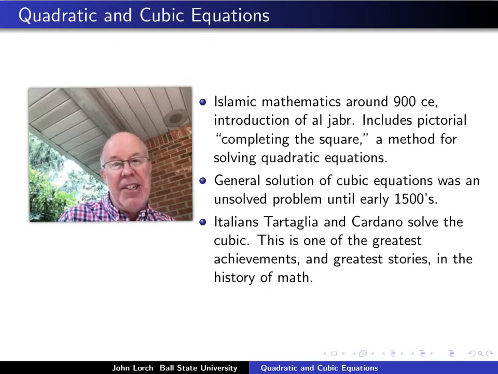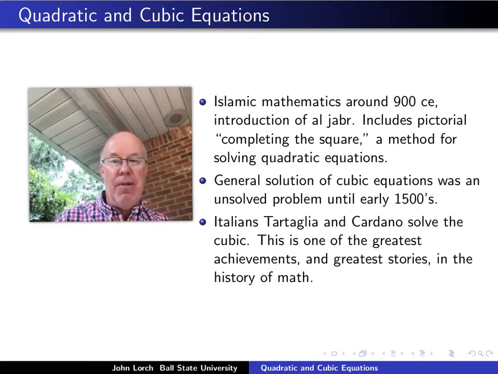Now, this changed around 900 CE in the Islamic world of that time. In Baghdad, there was a mathematician by the name of Al-Khwarizmi who introduced us to the world of algebra, or al-jabra, an Arabic word. And in his work, we see for the first time not only solutions of quadratic equations, but some sort of insight about methodology.